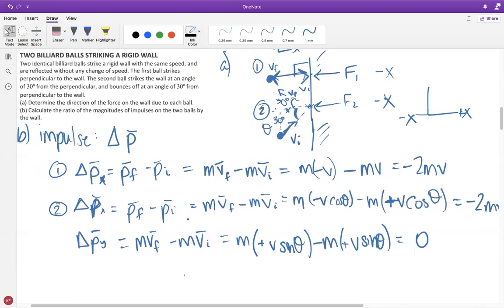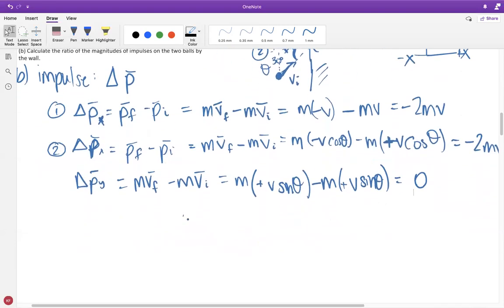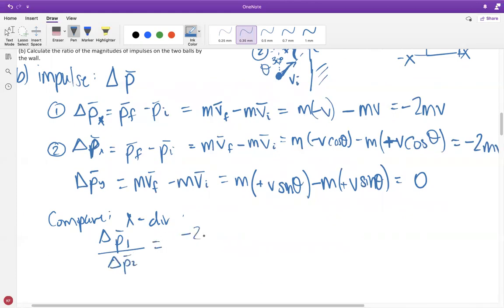Okay, so if we want to compare these two, it's just going to be in the x direction. And we can say our impulse for our first one divided by our impulse of our second one is going to be minus 2mv over minus 2mv cosine theta, okay?